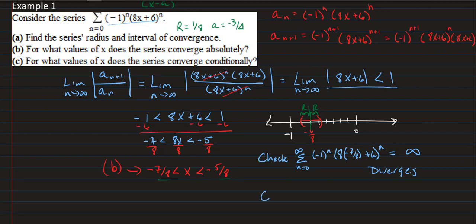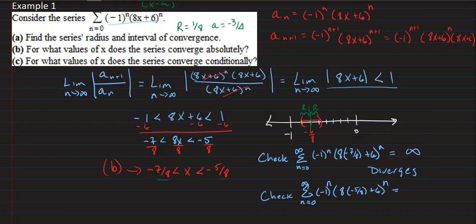Then I'm going to check the convergence of the series when I plug in negative 5/8 in place of x. So that's going to give us negative 1 times 8 times negative 5/8 plus 6, raised to a power of n. Well, negative 5/8 times 8 is negative 5, plus 6 is 1. 1 raised to any power is 1, and this is going to be negative 1 to the n.